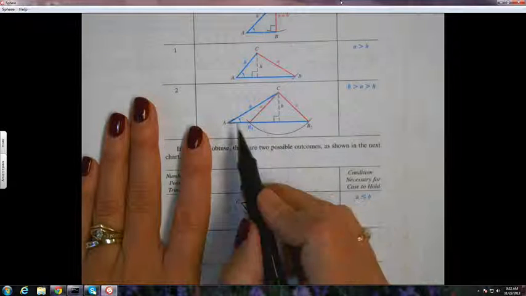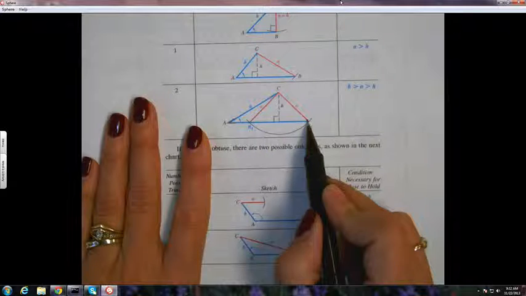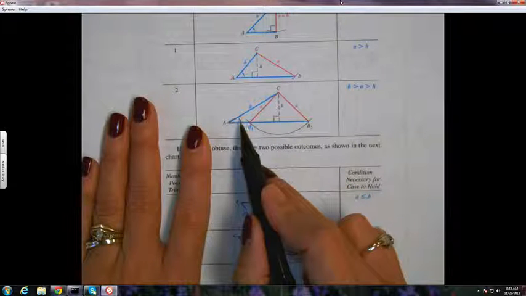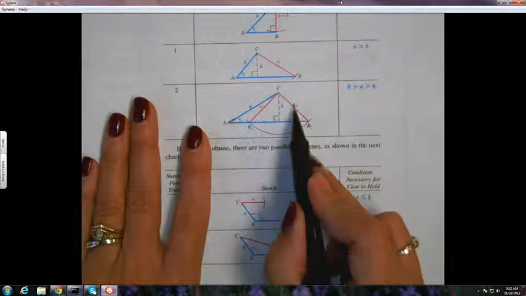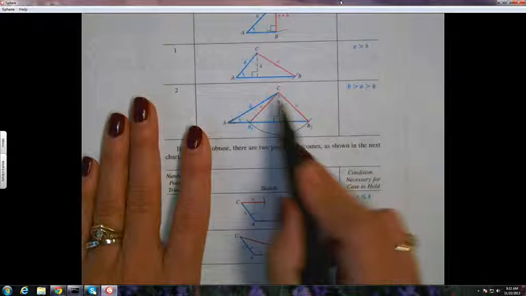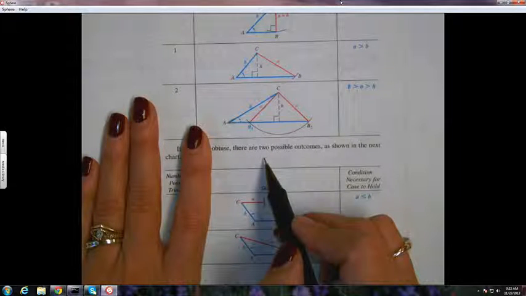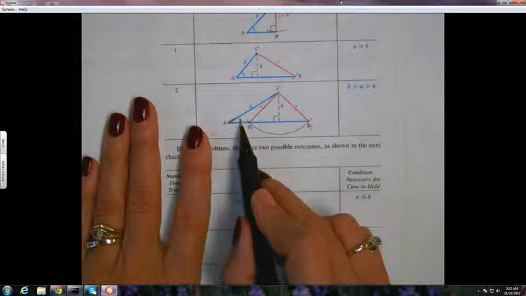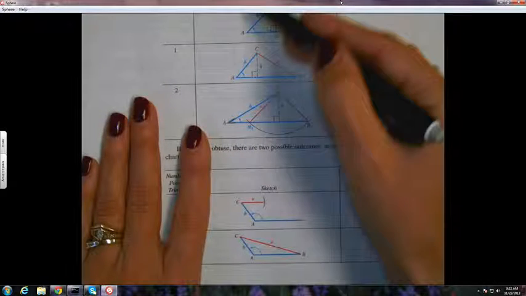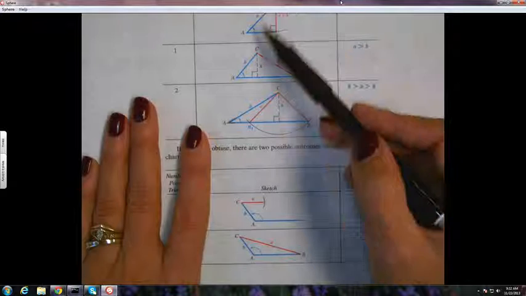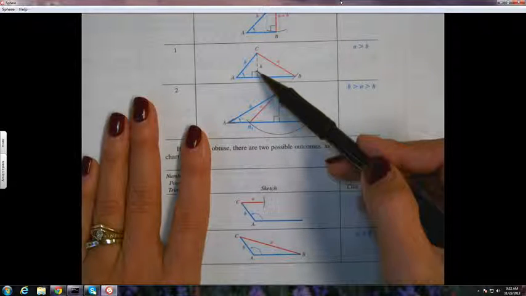That just increases this bottom side. And I've got two triangles that have the same angle and the next two sides are the same. So if your given angle is acute, one of four things can happen: no triangle, two spots where it's a unique triangle, and here where it's two different triangles.